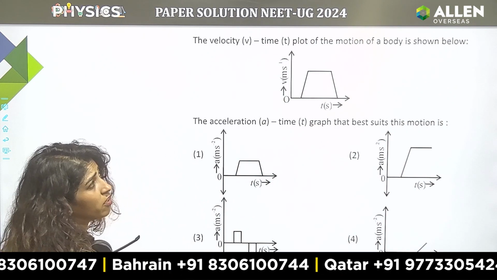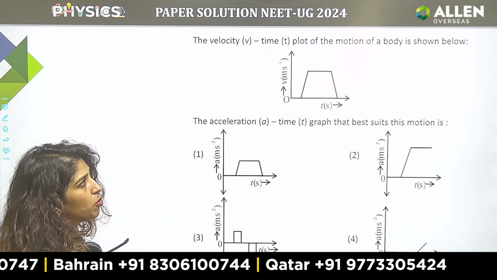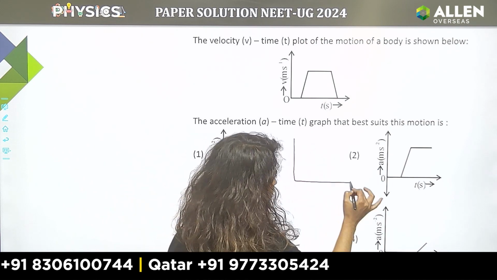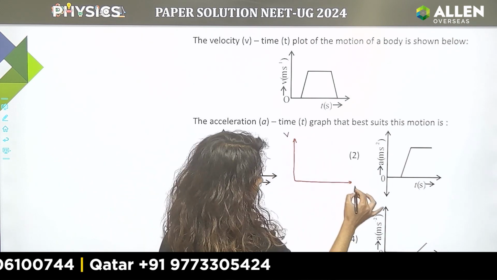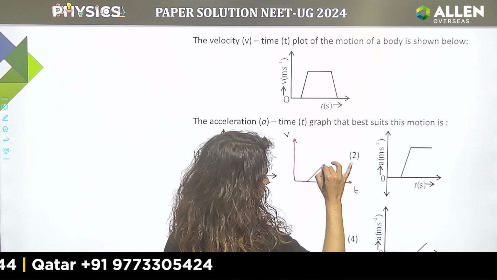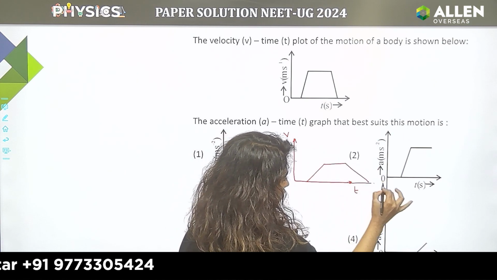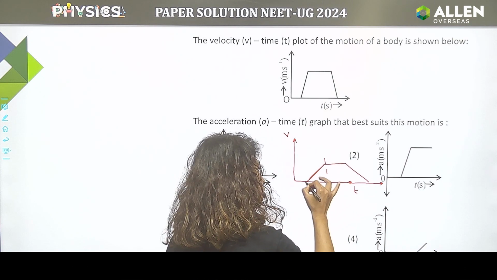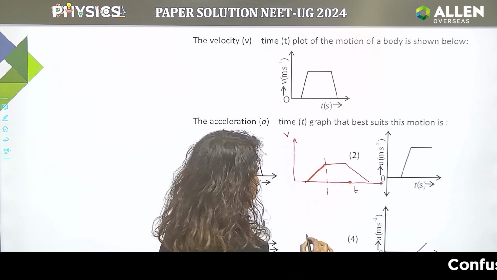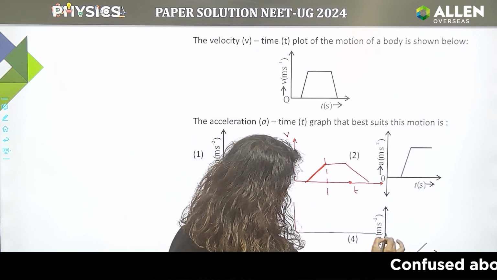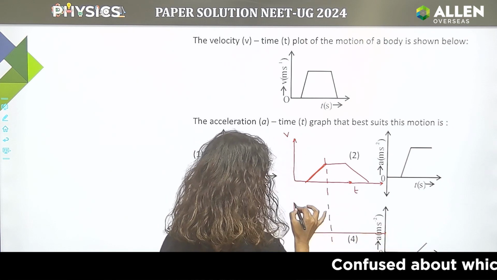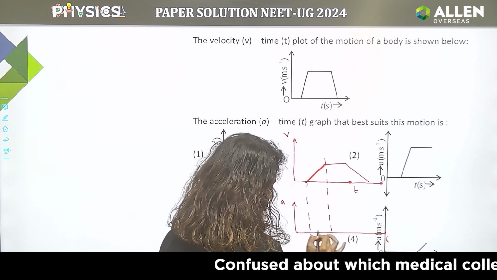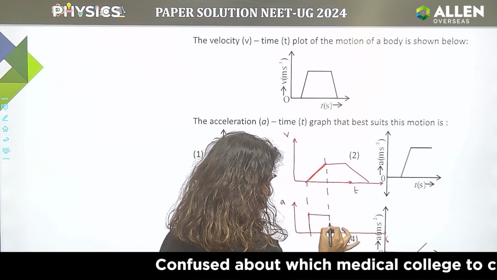Next, velocity versus time graph is given. We have to plot acceleration versus time graph. So I'll draw it here. Velocity versus time, it's given something like this. In this interval, slope is constant and positive. So when I plot acceleration versus time graph, from this end to this end, I'll get a positive but constant value.